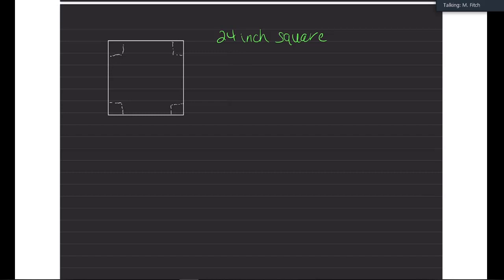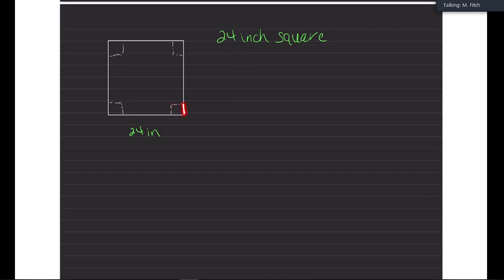So we knew that the side of our square, our piece of cardboard, was going to be 24 inches. So we'd have 24 inches going all the way around. But we're cutting off those little pieces, and do we know what size we're cutting off? No. So when we don't know something, we can call it our variable. But we know that we have to cut out perfect little squares.